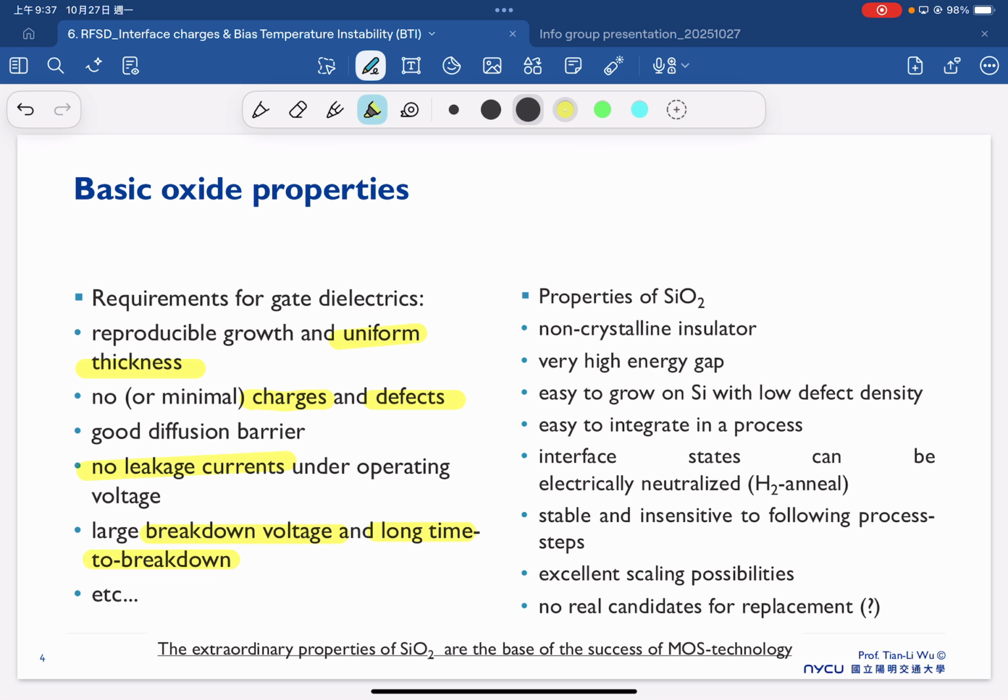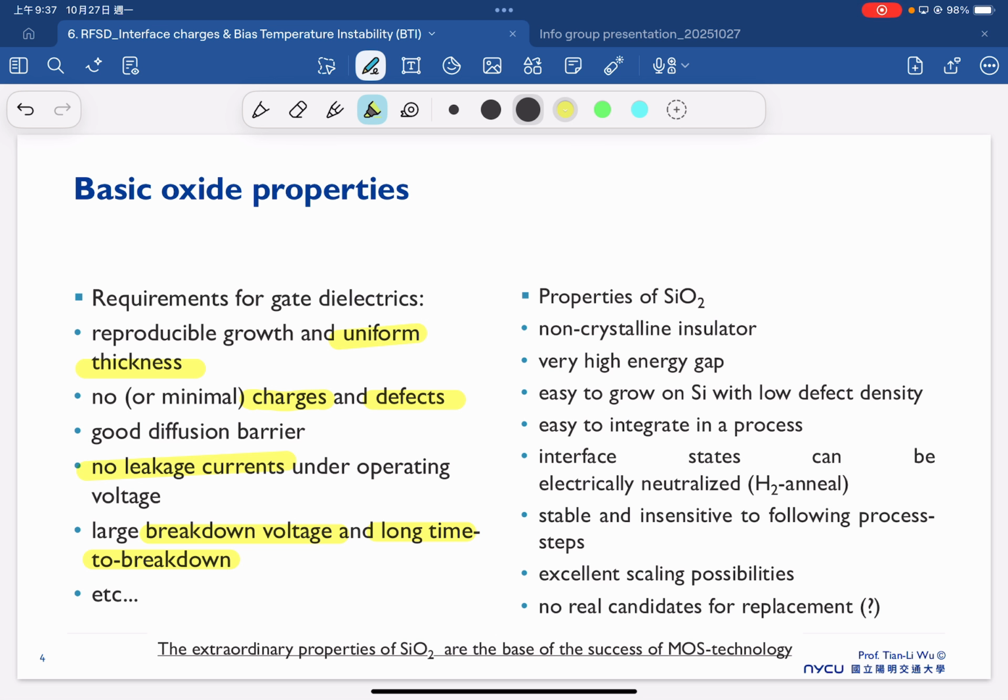That's what we expect from an ideal gate dielectric. We want not only a good breakdown voltage but also a longer time to breakdown, because a longer time to breakdown reflects a longer lifetime. That's our expectation for a good dielectric.